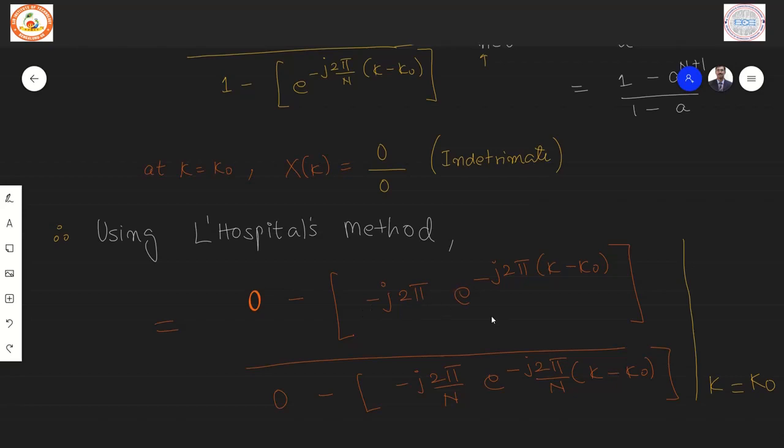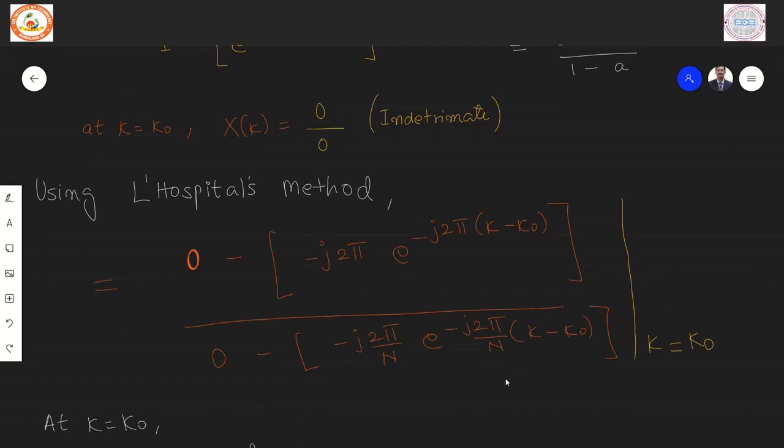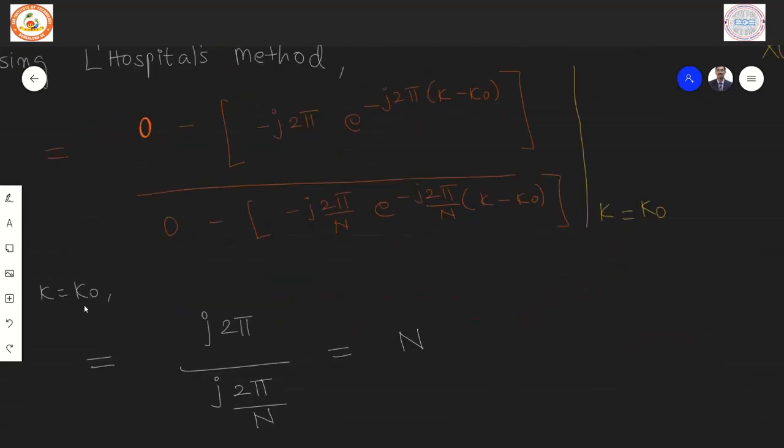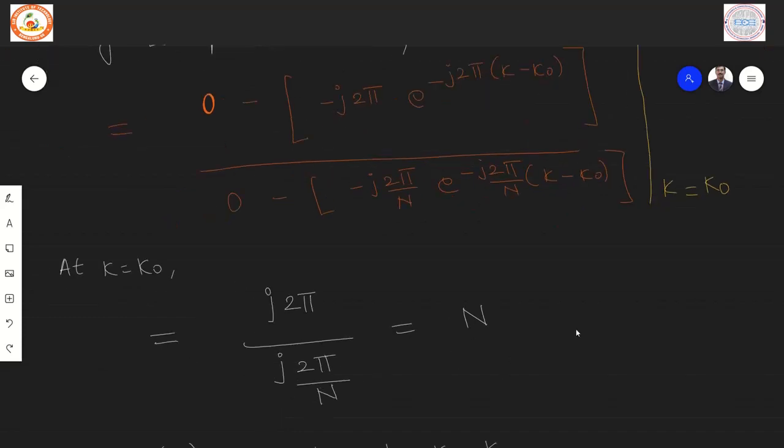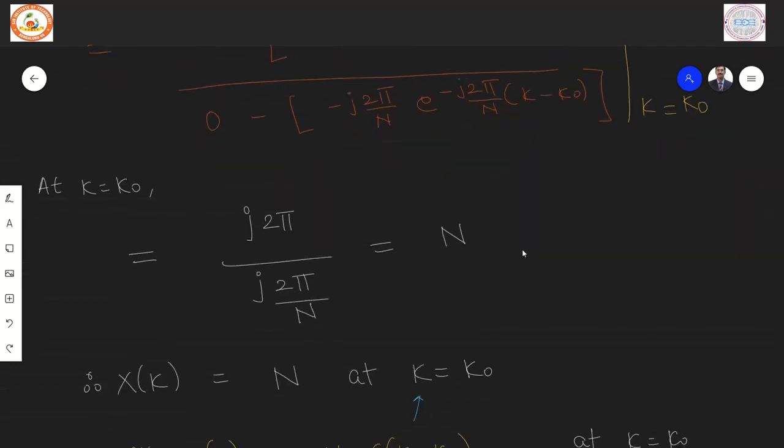So minus j2 pi into exponent, divided by minus j2 pi by N into the exponent shown here, and we have to substitute the value k is equal to k naught. So when you put the value k is equal to k naught, the equation simplifies, and the numerator becomes j2 pi, and the denominator is j2 pi by N. So simplifying, we observe that the answer we get at k is equal to k naught is equal to N.